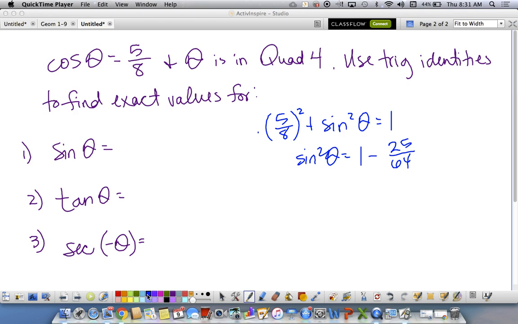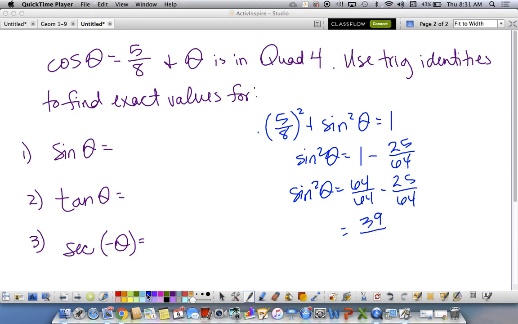Or maybe, it depends on which steps you need. What is 1 when we get common denominators with that 64? So 64 over 64 minus 25 over 64. So now what's 64 minus 25? Something like 30 what?